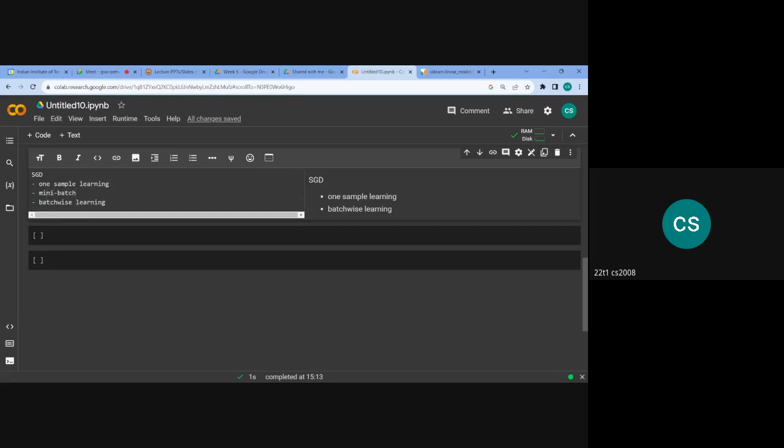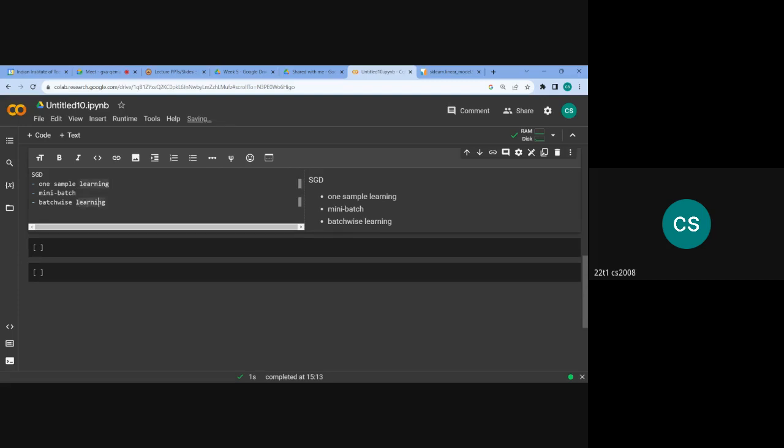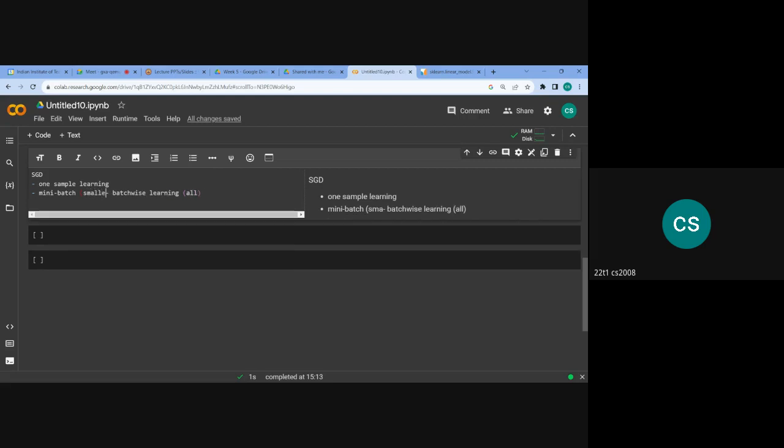Usually in batch we take all the samples. Mini batch is where we take some rows out of it, smaller than batch.